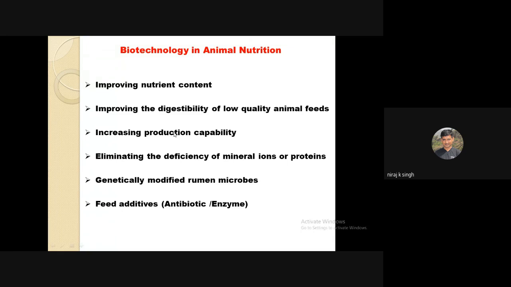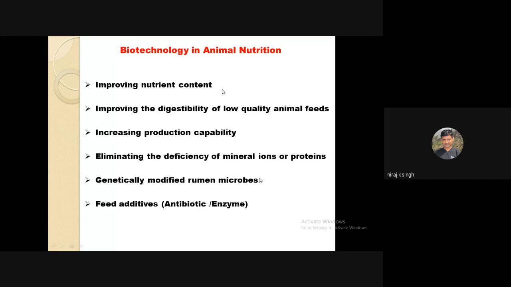With the help of biotechnological interventions, we can increase the protein content of the maize, so that genetically modified maize can be used for animal feeding. And if the animal gets high nutritional food, it will produce high quality and a high amount of product.